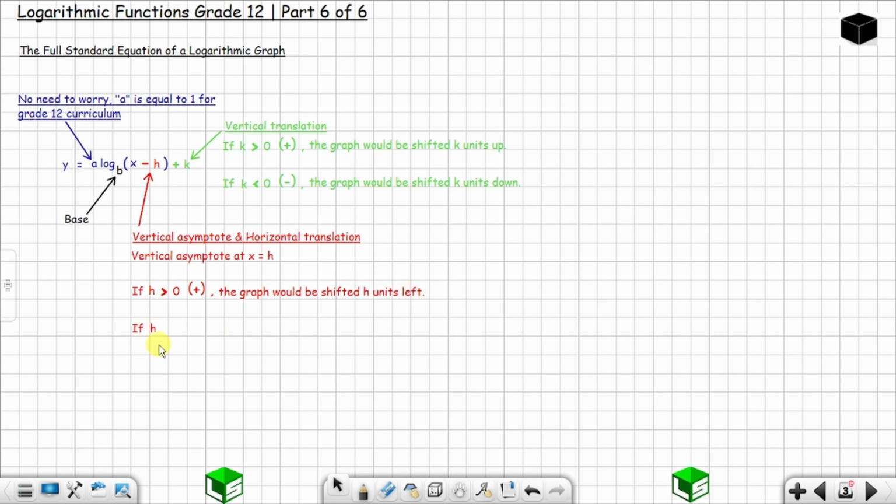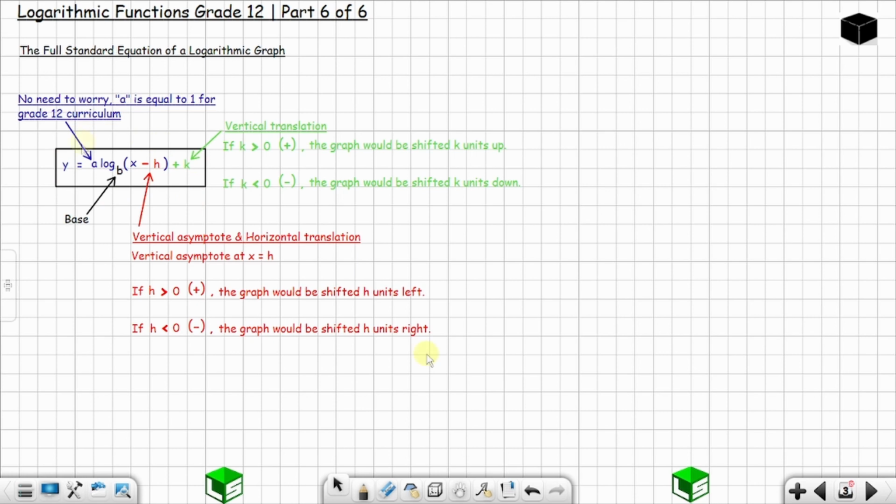If h is less than 0, meaning negative, then the graph would be shifted h units to the right. So you do the opposite: positive with left and negative with right. This is the full standard equation of a logarithmic graph.